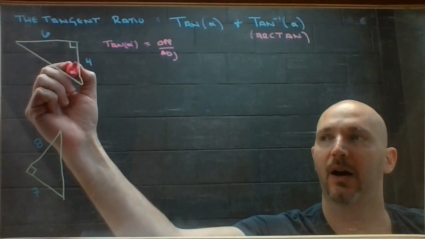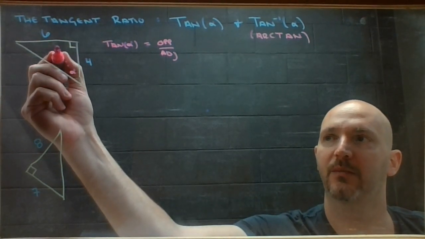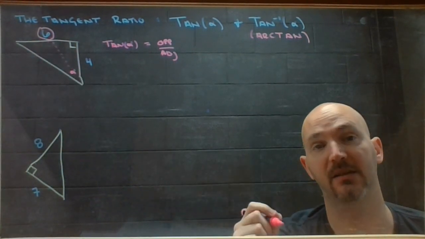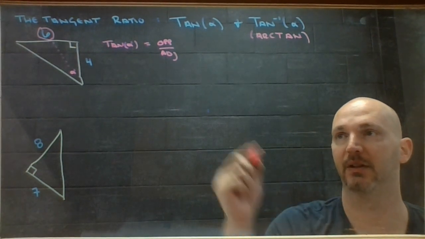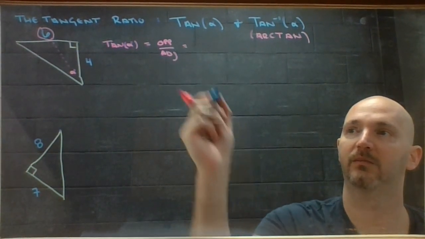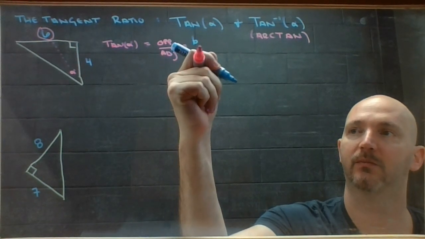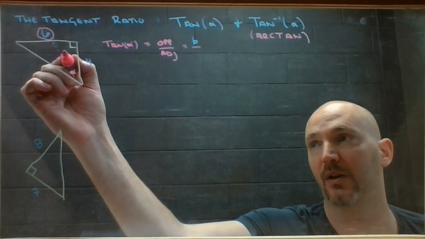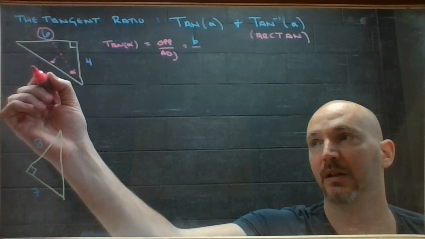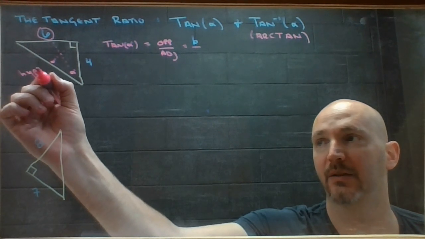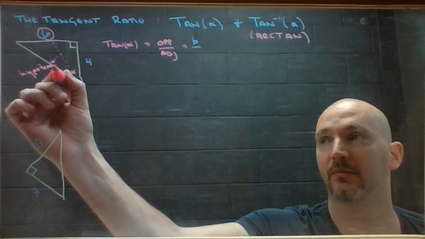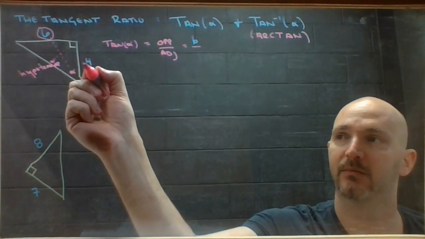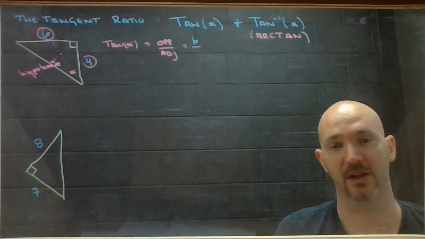So I'm going to look across the triangle from the angle I'm trying to solve for, and I see this. That means that 6 is the opposite side. So in it goes. I'm going to find the 90-degree corner and look across the triangle. And I'm going to label that as the hypotenuse, which means the side that remains, this one here, that must be the adjacent.